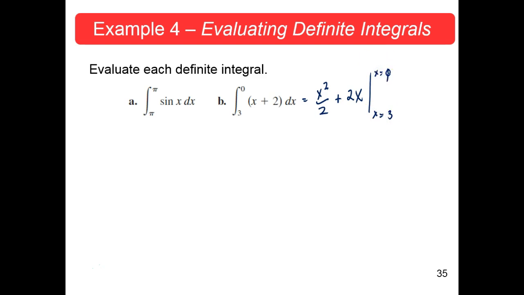After a while, you won't write the x equals, okay? But just for purposes. So start with the top one. When you plug in 0 there, what do you get? You get a 0, okay? When you plug in a 3, what do you get? Okay, but here, the bottom one you subtract, and this is the deal.